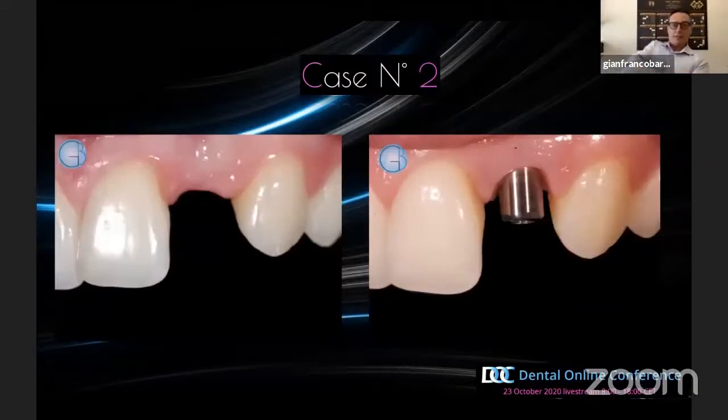Another way to do this, and these are close to the new tendency and the new way to restore teeth, is that we have a scan abutment that we can put in the mouth.